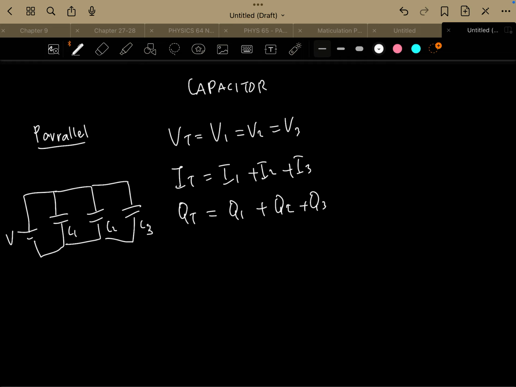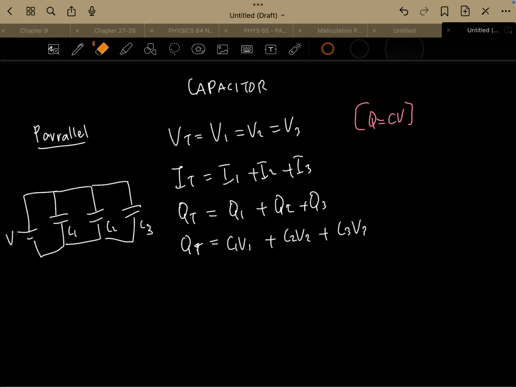Now, we know that, again, Q sama dengan CV. We know this to be true. And so, Q1 is just C1 V1, Q2 is just C2 V2, and Q3 is just C3 V3, right? Now, knowing that the V total is the same, V1, V2, and V3 are the same, then I can pull dia punya V out, right?